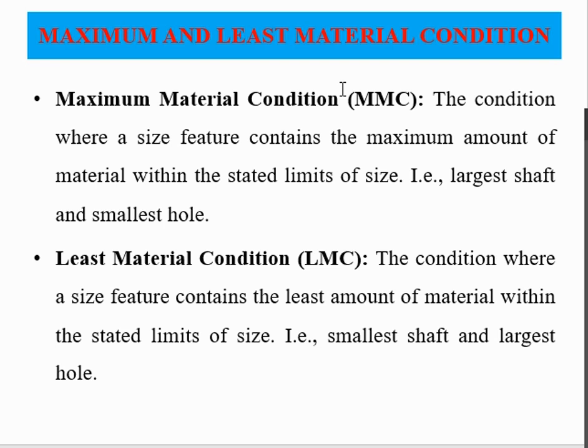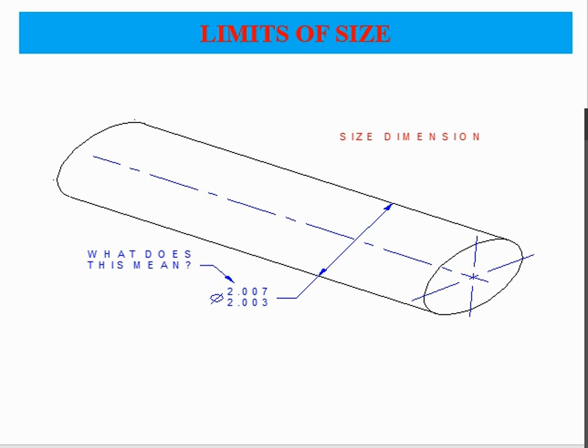This 30.20, where you will get the maximum amount of material, is called MMC, whereas 29.80, where you will get the least amount of material on that particular shaft, is known as least material condition. We'll explain through one example. Here you can see a shaft whose basic size is, say, 2.